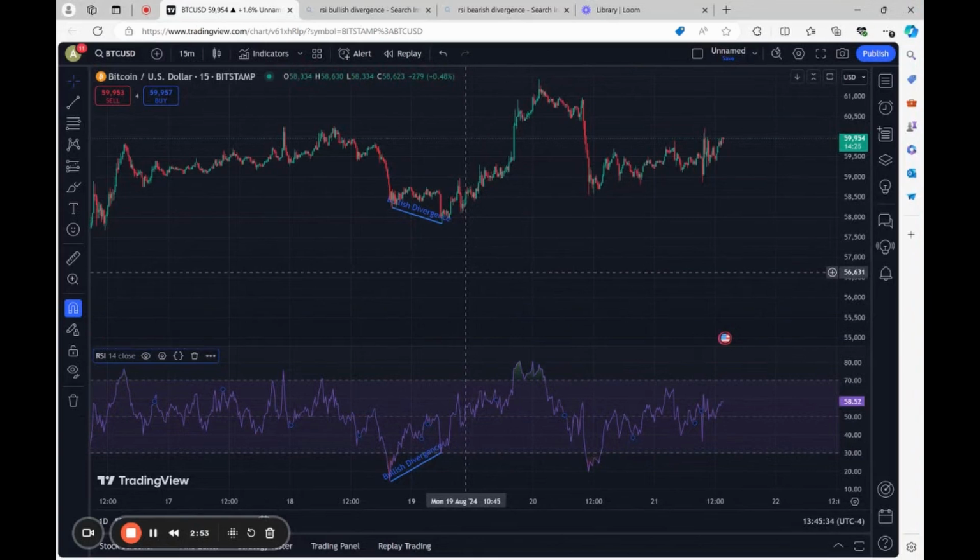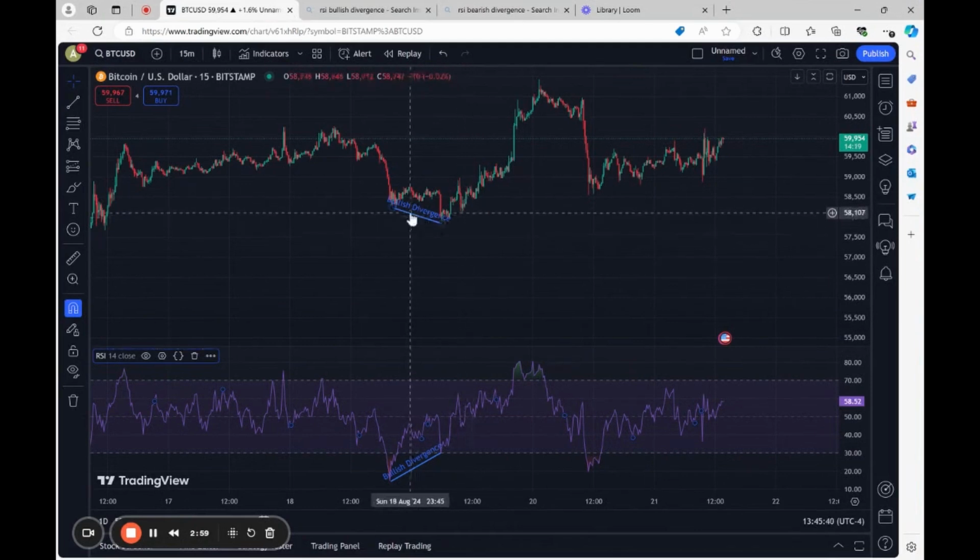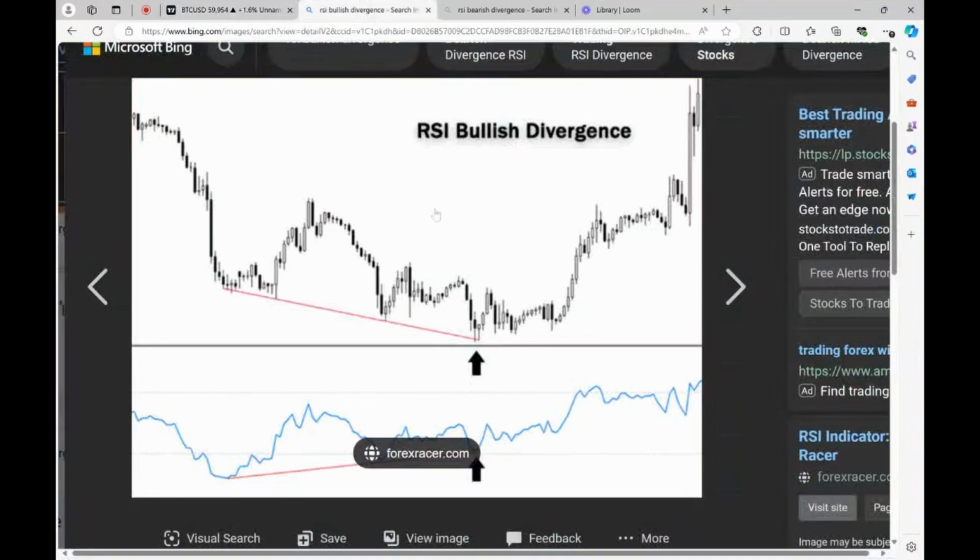But another thing that is really, really useful about RSI is it has things called divergences, which are these lines right here. So I'll explain those real quick. The first type of divergence is a bullish divergence. What happens there is the price is in a downtrend and we see the price make a lower low, but at the same time, we see the RSI make a higher low.